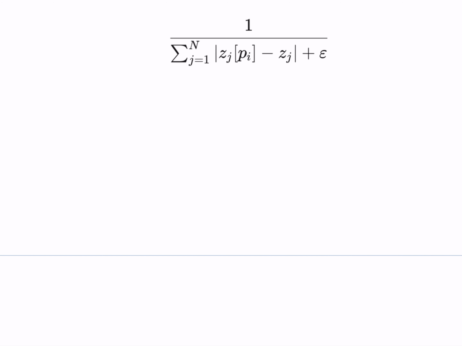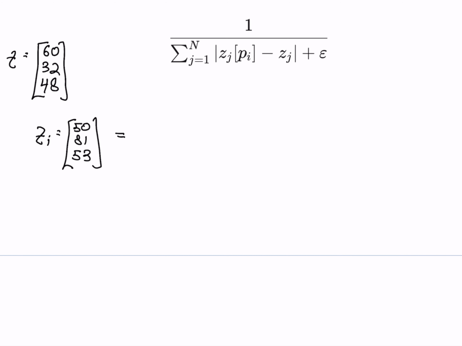For example, if our true measurement from the sensor gives me the following, z equals 60, 32, 48, which means that we measured 60 meters between the robot and landmark 1, 32 meters between the robot and landmark 2, and 48 meters between the robot and landmark 3. And what we have is Zi, the computed distances between the ith particle and all the landmarks, for example, 50, 81, and 53.